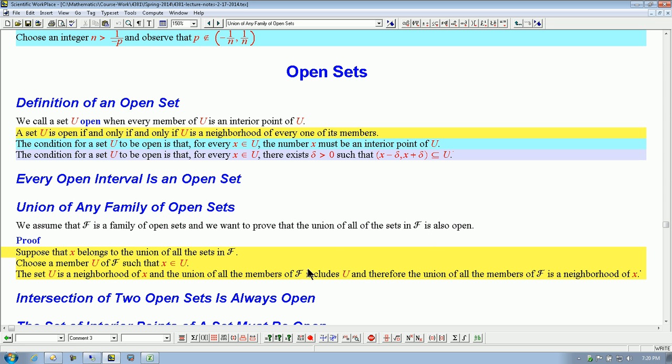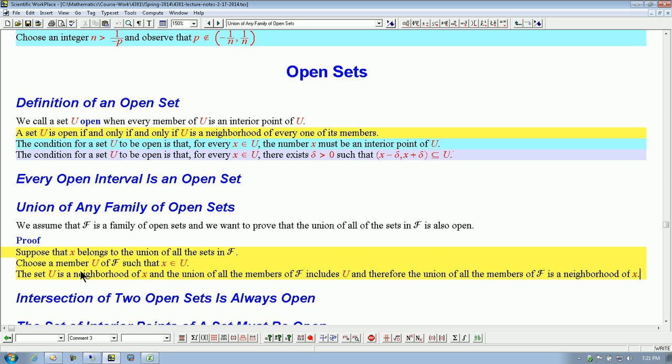I need to prove that every number in that union is an interior point of the union. Suppose that X belongs to the union. Now, what is it that I know about X? I know that X belongs to at least one member of the family, that there exists a member of the family to which X belongs.